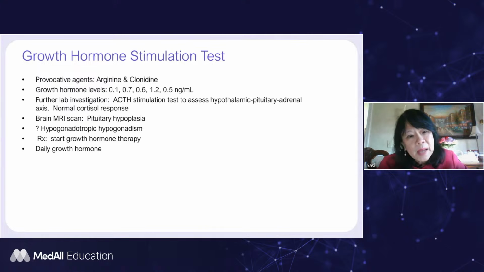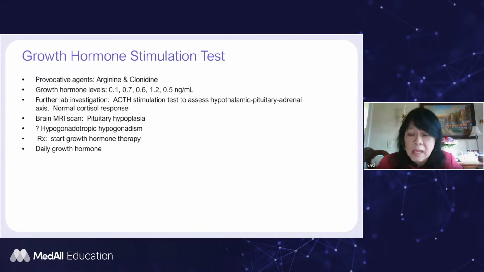So then we have to think about the possibility of having another pituitary hormone deficiency, which is gonadotropin hormones. But since he's 4 years old, we cannot assess this yet, but having micropenis might make it possible that he may have growth hormone deficiency and hypogonadotropic hypogonadism.